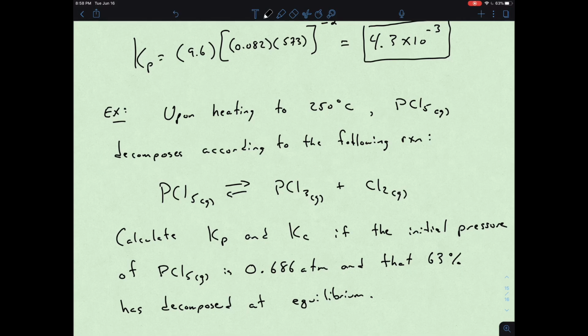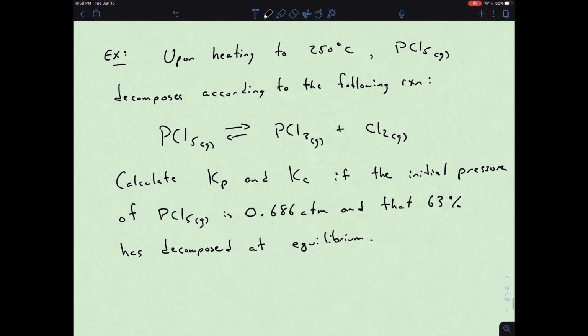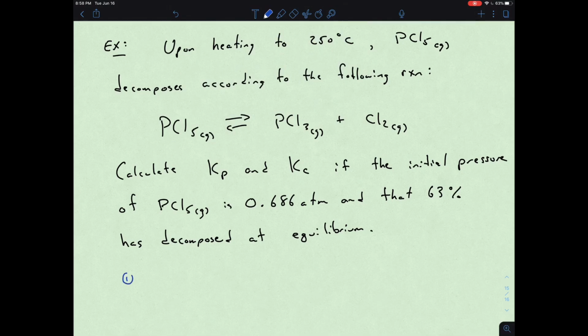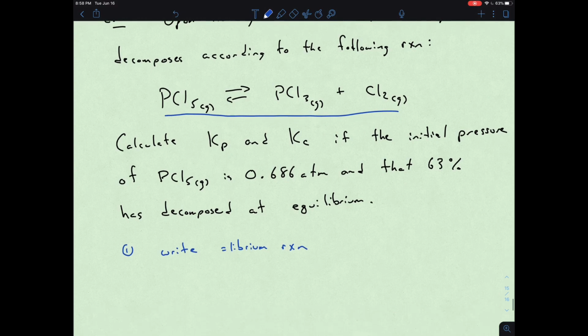So there's our question. A little bit more to this one, but we want to just kind of keep reinforcing those 4 steps. So the first step is to write our equilibrium reaction, and that's already given to us in terms of the decomposition of the phosphorus pentachloride.